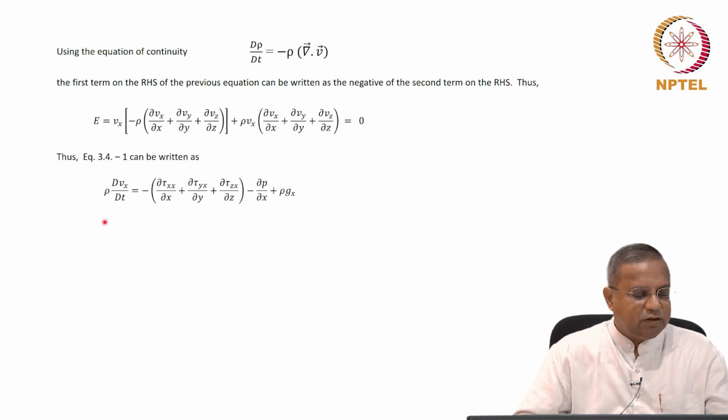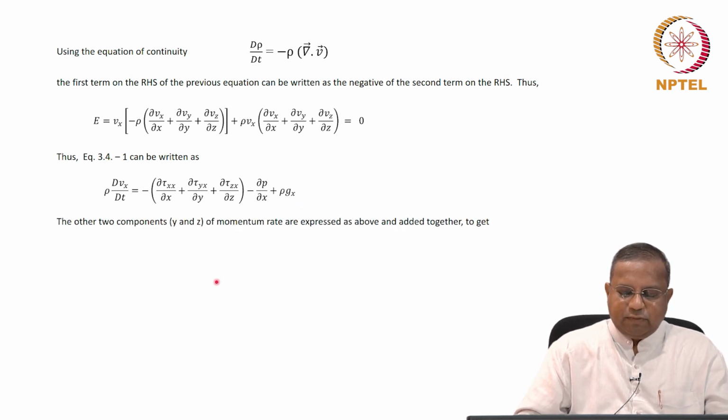And therefore your equation of motion in the x direction becomes ρ DVx/Dt, substantial derivative, equals minus ∂/∂x of τxx plus ∂/∂y of τyx plus ∂/∂z of τzx, minus ∂p/∂x plus ρgx. Okay.